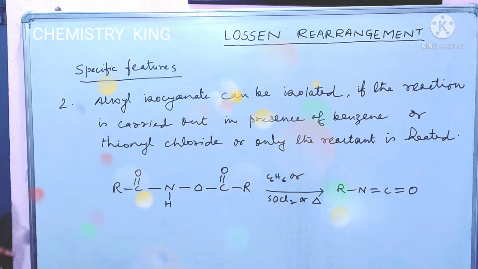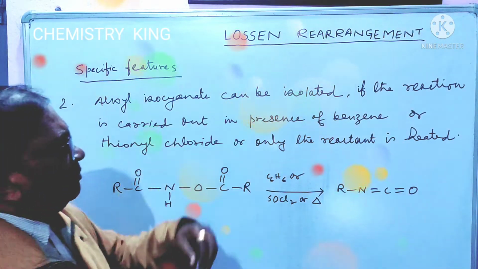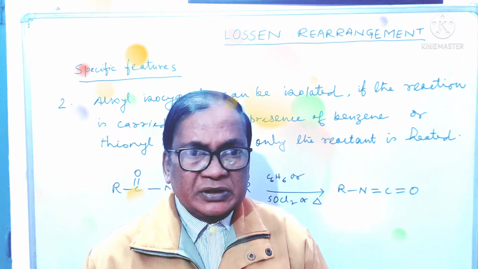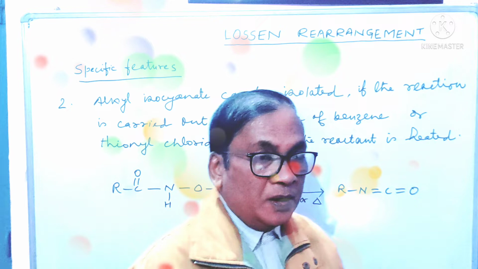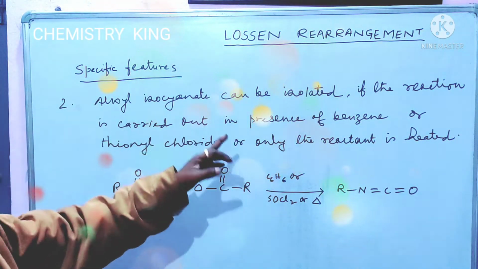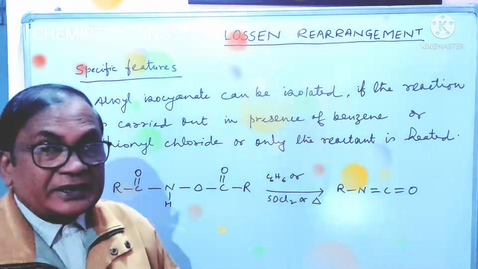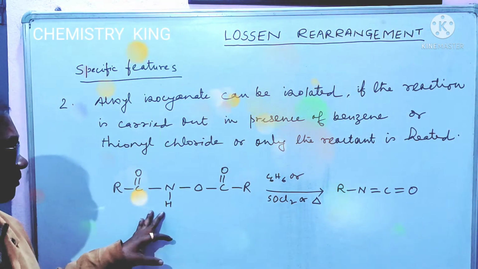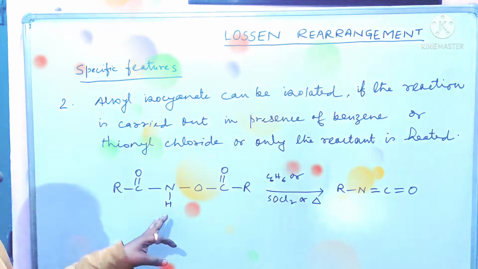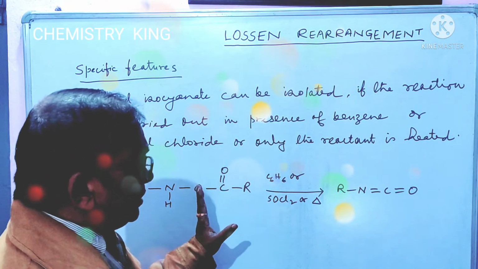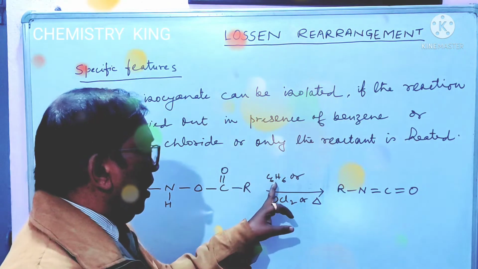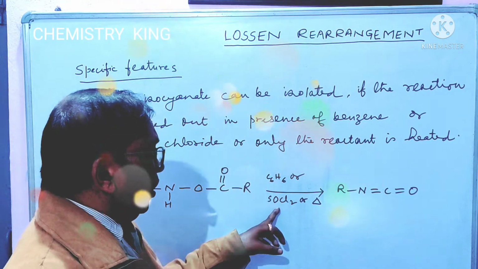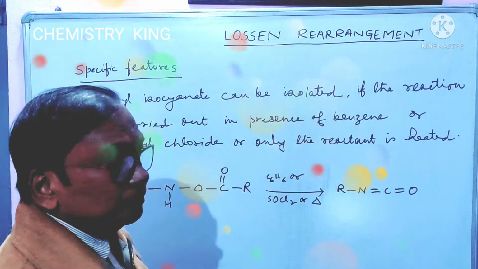Second, alkyl isocyanate can be isolated. Friends, alkyl isocyanate is the intermediate here. This intermediate alkyl isocyanate can be isolated if this compound, O-acyl hydroxamic acid, is only heated or allowed to react in presence of benzene or thionyl chloride.